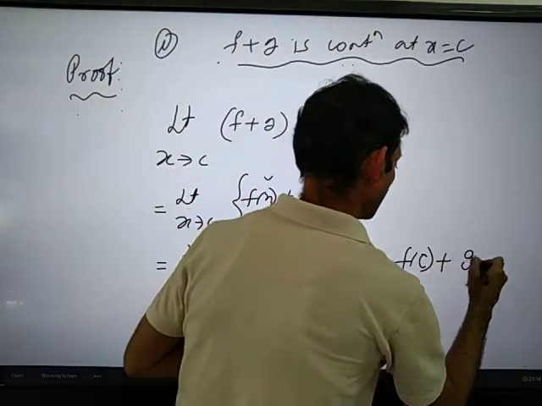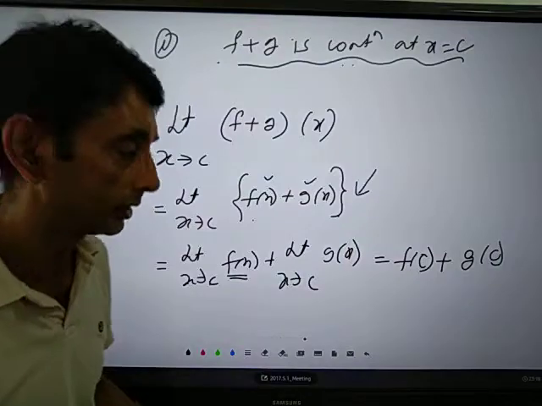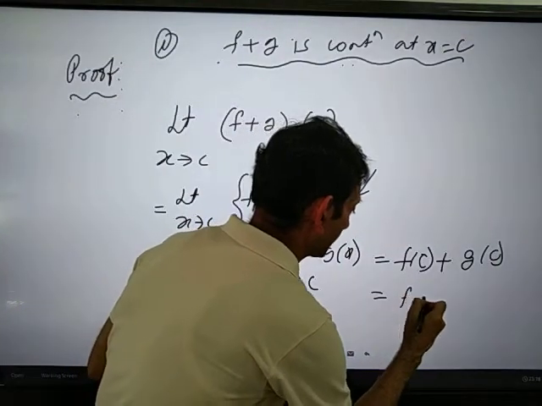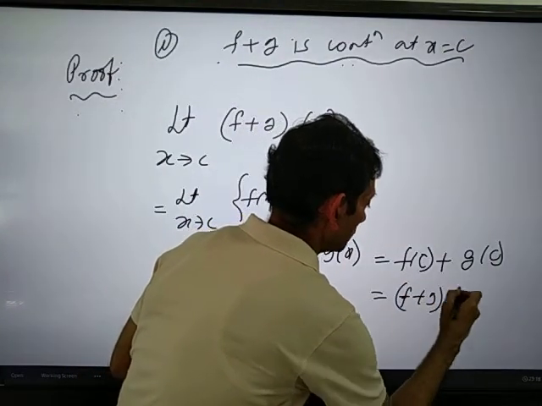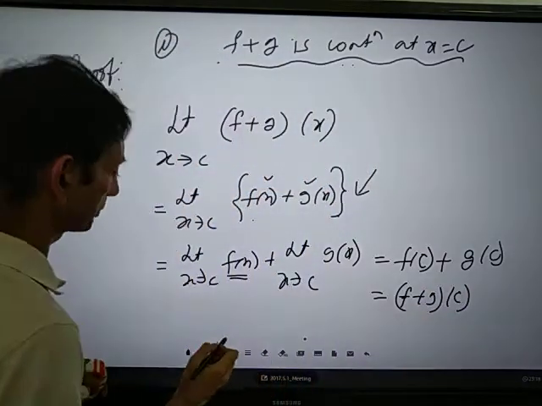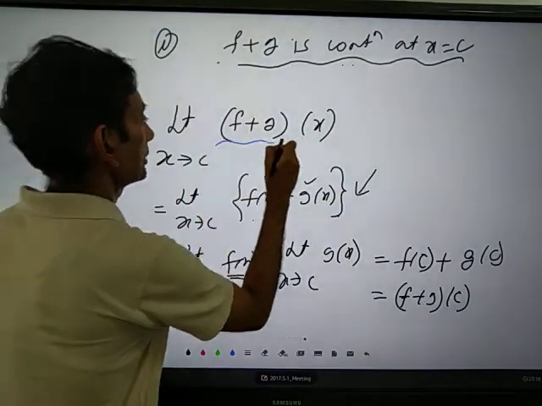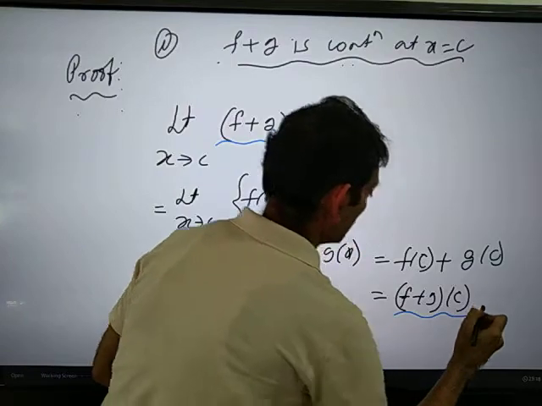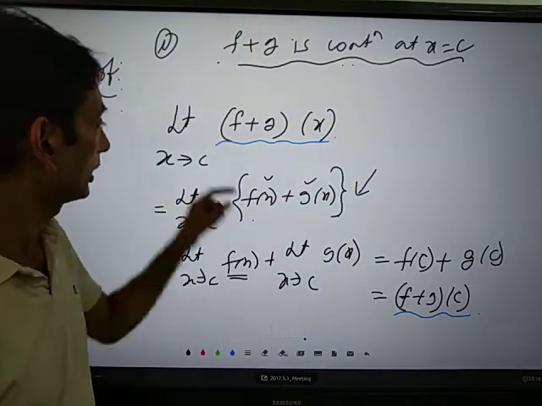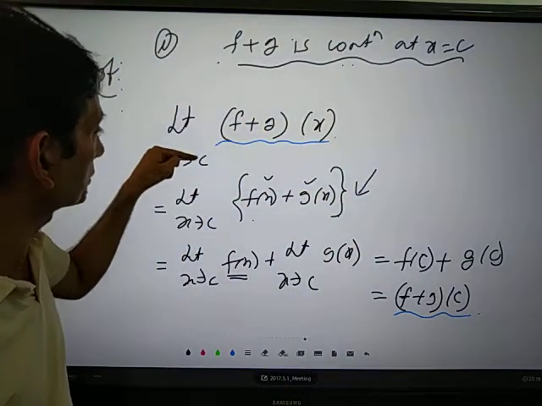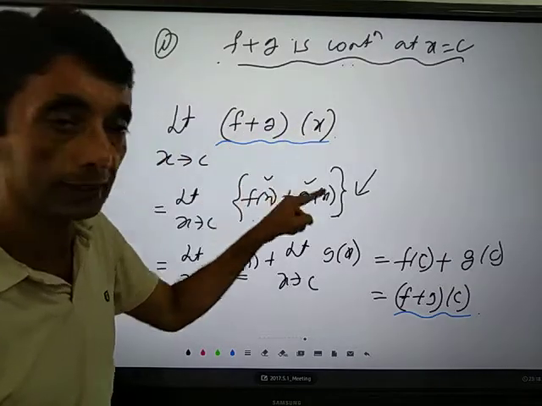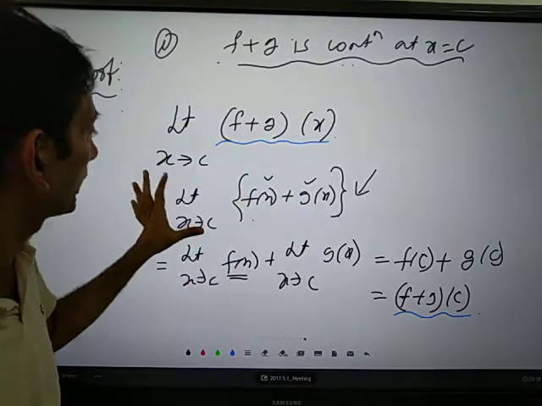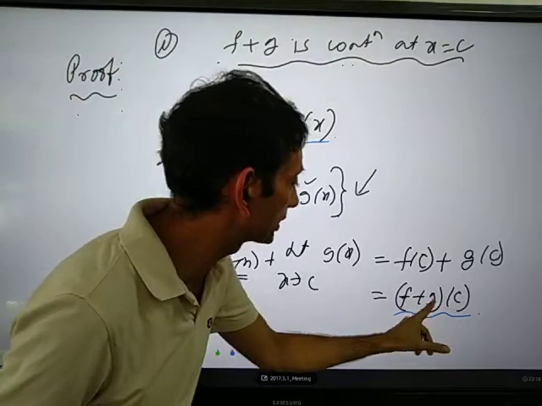Similarly, this is g(c). Then we'll be using the definition of function, that is (f plus g)(c). Now please compare these steps. How did you start? Limit as x approaches c of (f plus g)(x), and you have proved this is equal to (f plus g)(c).